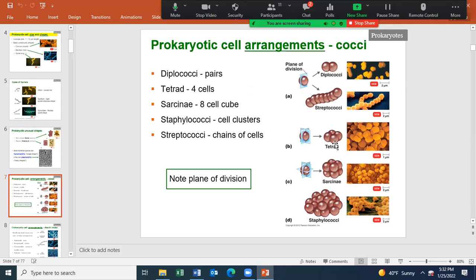So you might see some tetrads, some Sarcinia, and even some staphylococci. To get the cellular growth arrangement, you want to grow the culture in a liquid culture, meaning a broth. Then the cells don't stick together, and you can more accurately determine the cellular growth arrangement.